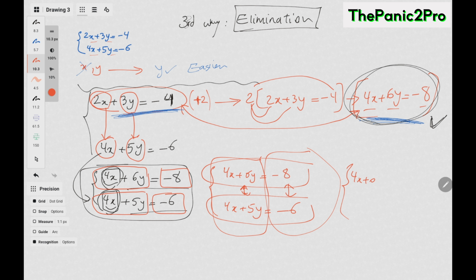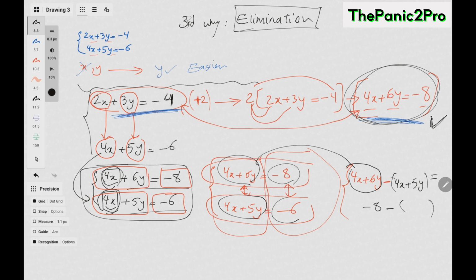Rewrite that. 4x plus 6y subtracted by this, 4x plus 5y equals minus 8 subtracted minus 6.